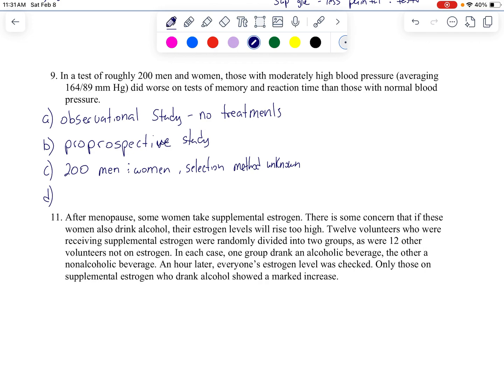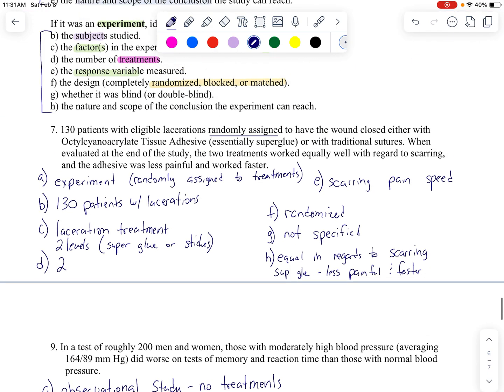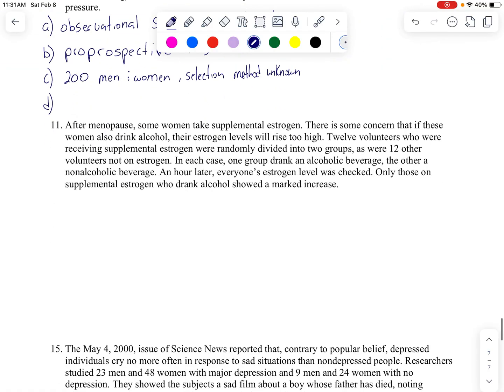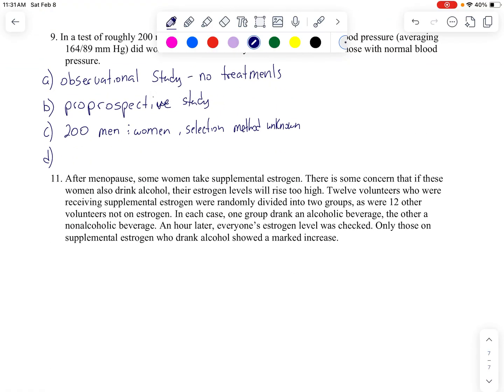D is going to be, what is my response variable? What did I measure in the end, right? D, the parameter of interest. The parameter of interest was their memory and reaction time. And E was my conclusion.